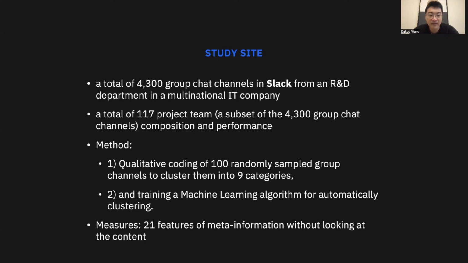The second method is that we trained a machine learning algorithm so that the algorithm could learn from our coding behavior and then automatically cluster any unlabeled Slack channels. There are in total 21 features that we used in the machine learning algorithm. These are all related to the meta information, which means we don't need to look at the actual content, to preserve privacy.